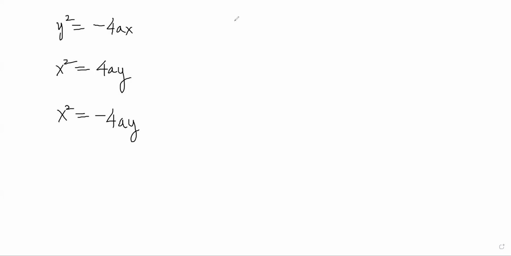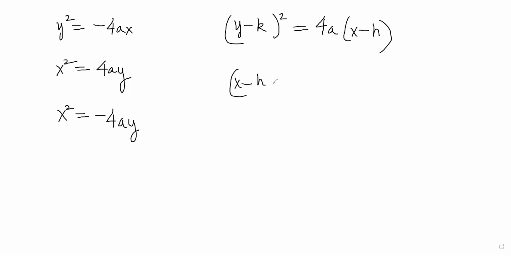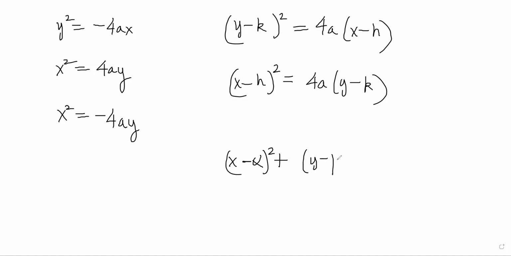Before that, I will also see what is a parabola that has been translated a little bit, a shifted parabola. You can also write it like this, (x minus h) whole squared is 4a (y minus k). And finally, also look at an oblique parabola. So that will have an equation something like this.